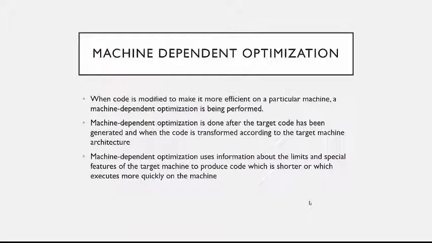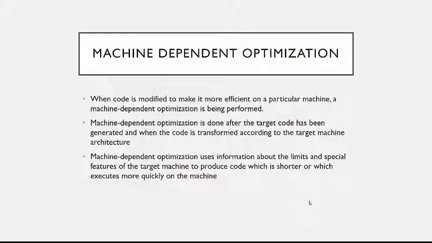Now we talk about machine dependent optimization. When code is modified to make it more efficient on a particular machine, a machine dependent code optimization is being performed. What does machine dependent optimization do?